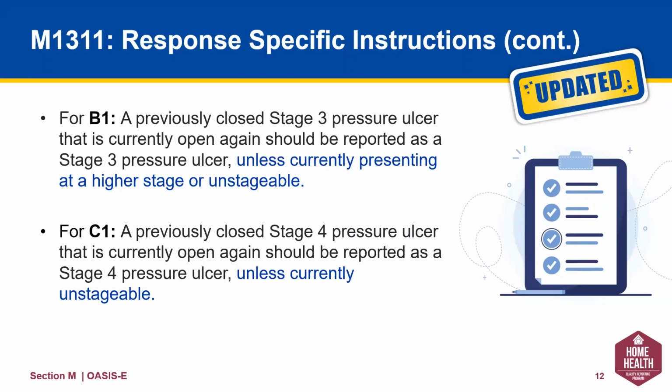For B1, a previously closed stage 3 pressure ulcer that is currently open again should be reported as a stage 3 pressure ulcer, unless currently presenting at a higher stage or unstageable. For C1, a previously closed stage 4 pressure ulcer that is currently open again should be reported as a stage 4 pressure ulcer, unless currently unstageable.